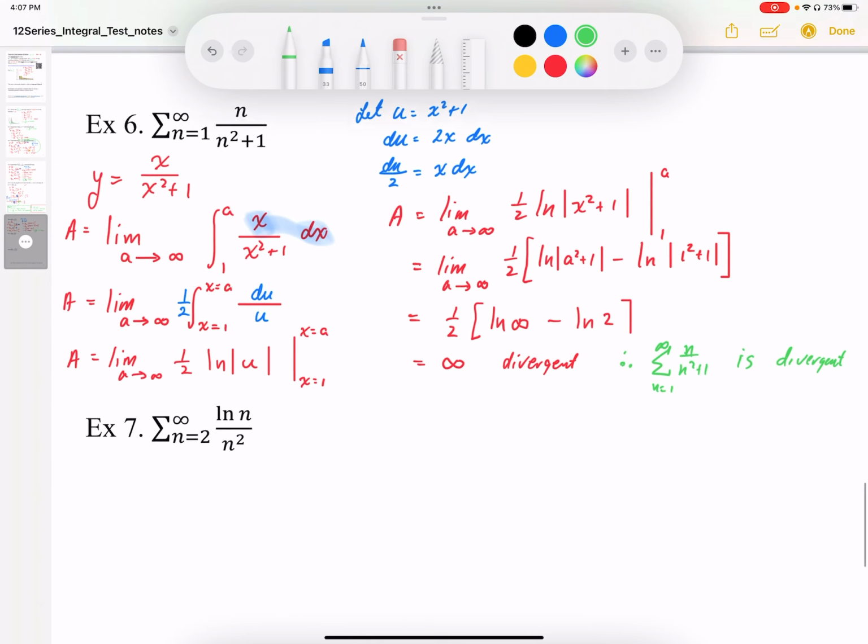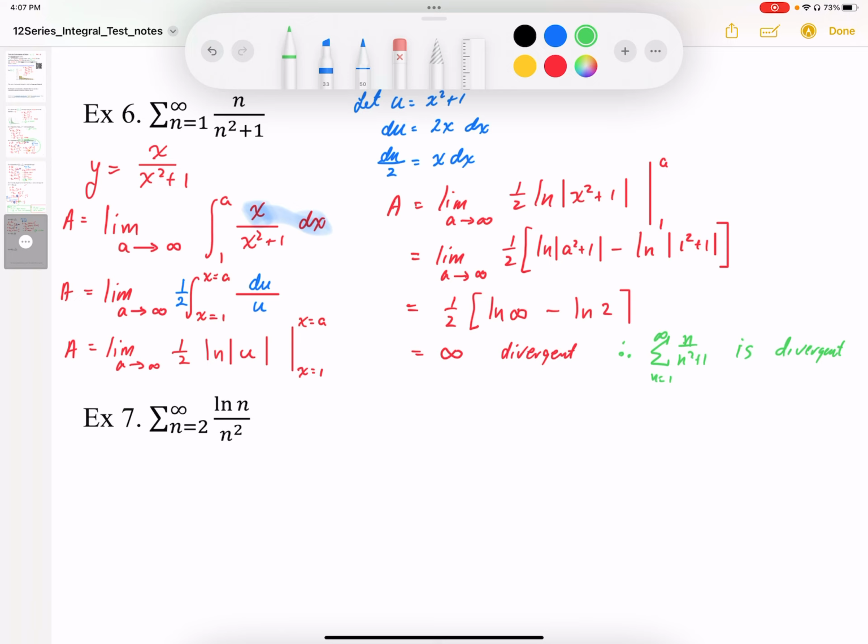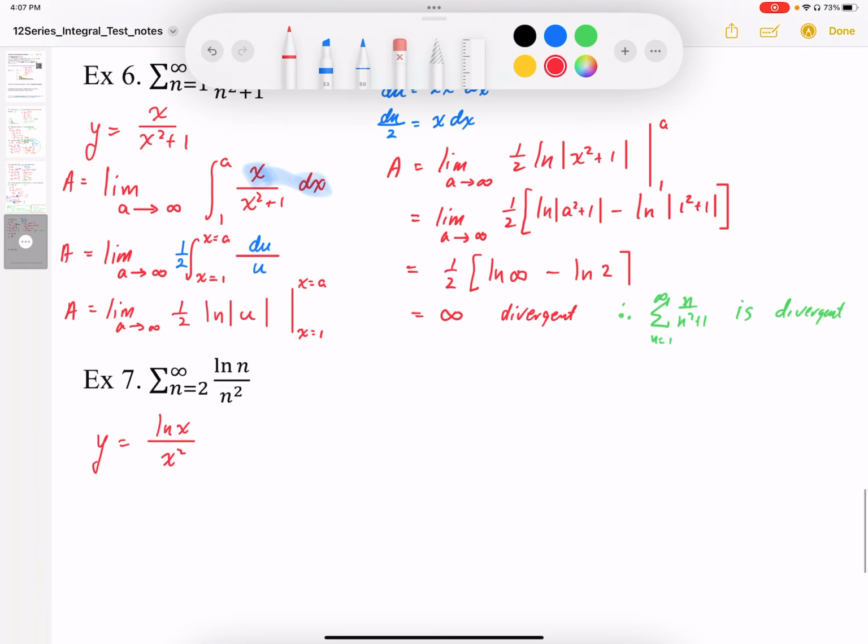In example 7, we have this sum of ln n over n squared, and we're going to do this as an integral test. So we have to figure out what the y is going to be. So the y is going to be log x over x squared. Now, when we set this up for the integral, we have to recognize what kind of integration we're going to apply to this.